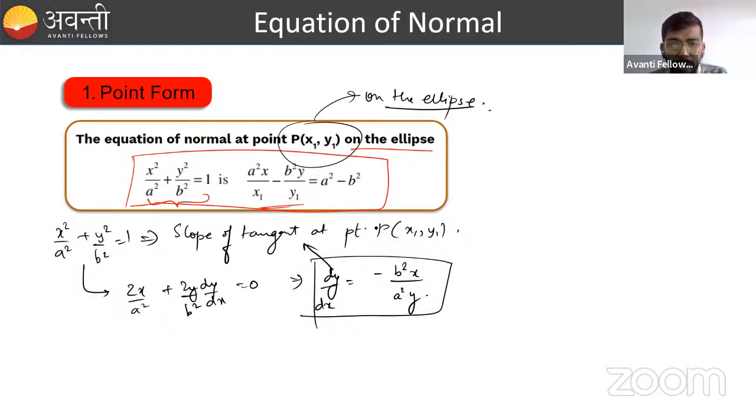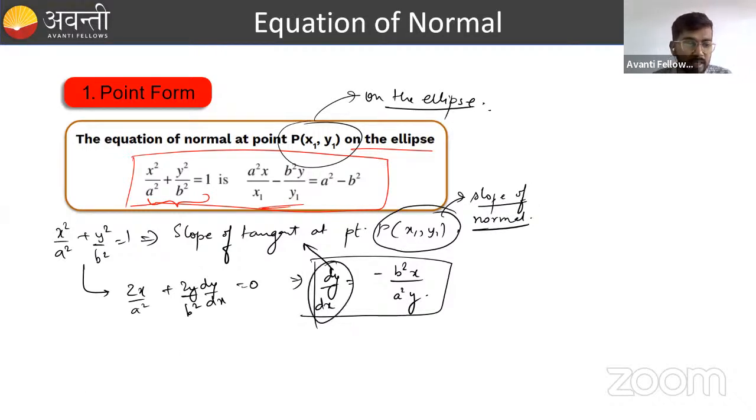Now if I know the point P where I have to find the equation of normal, and if I know the slope of normal, then deriving the equation will become easier. So if I know the slope of tangent, which is dy by dx here, what will be the slope of normal?